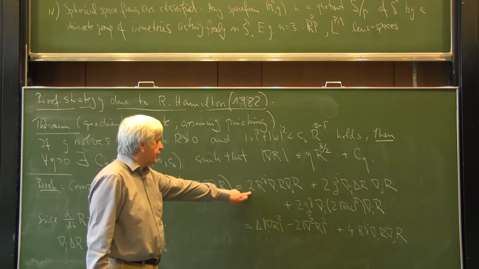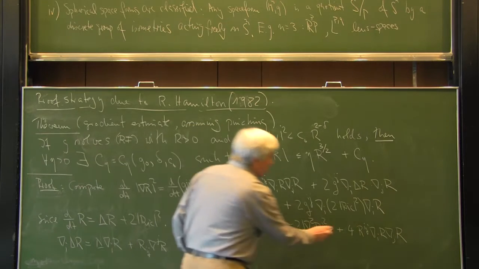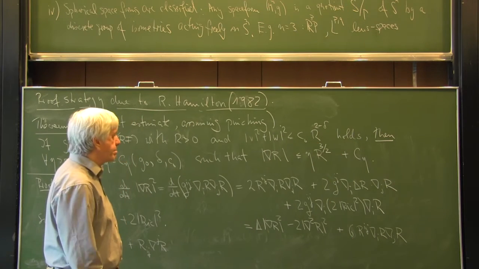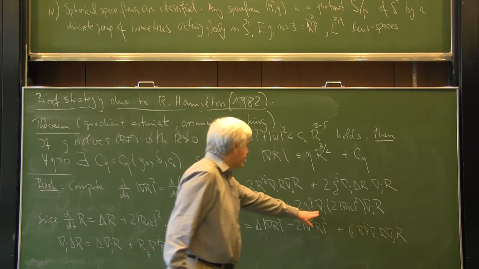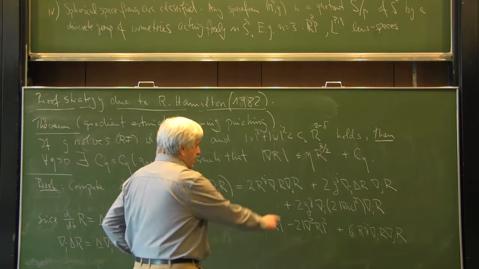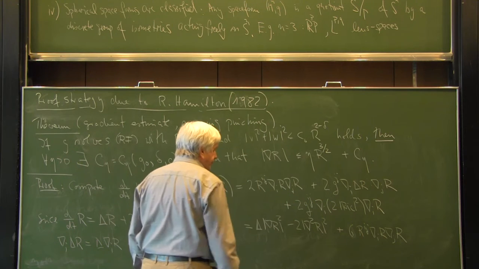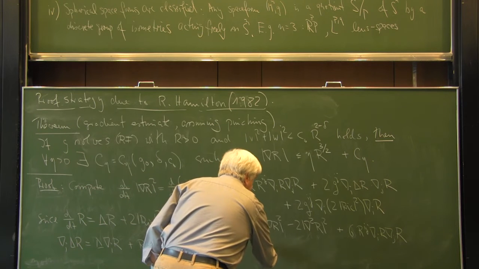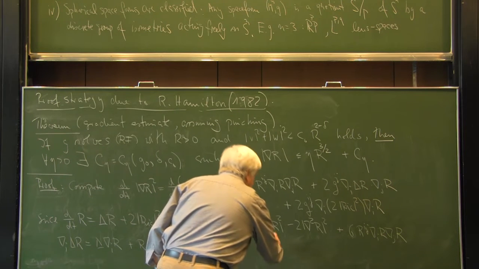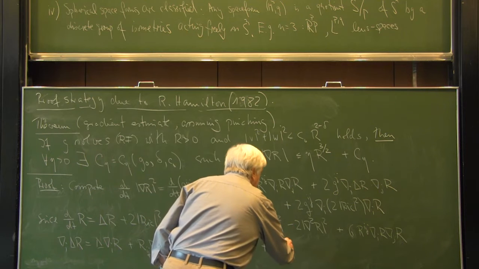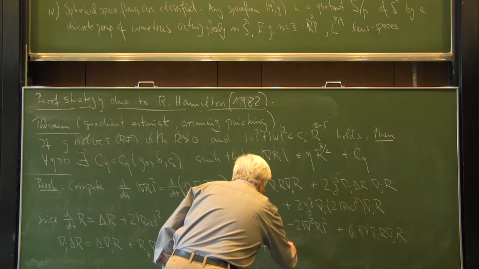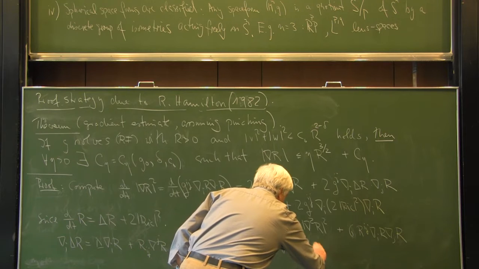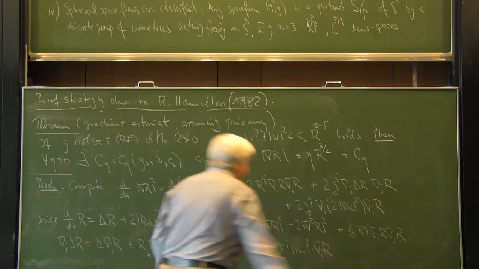And then from here I have another 2 of those. So altogether I have 6. And then here I have some terms which look like plus 4 times gradient of Ricci squared times gradient i R. Okay?